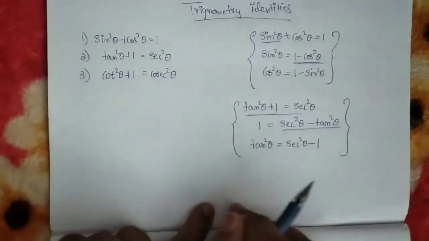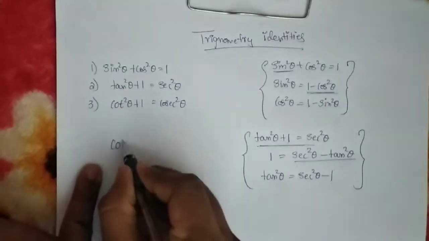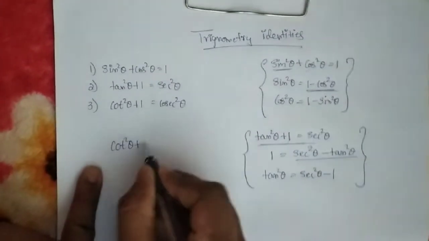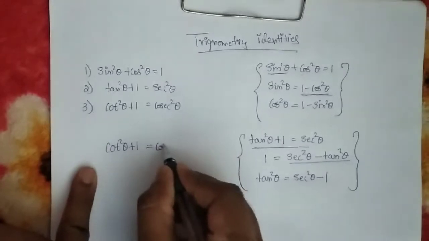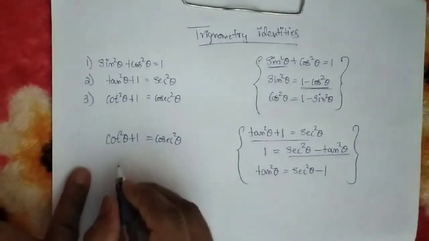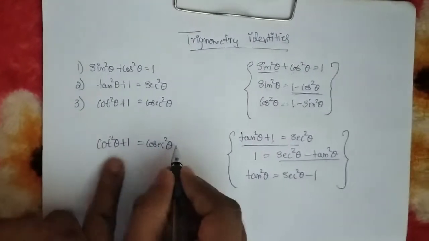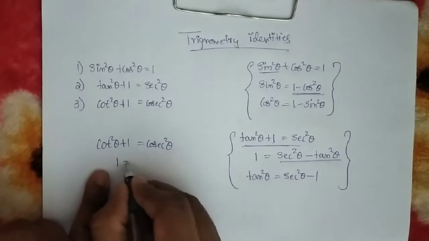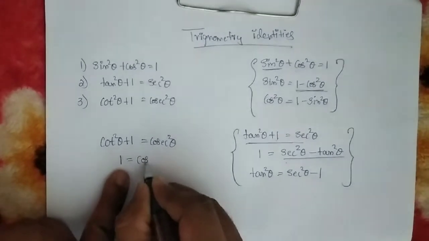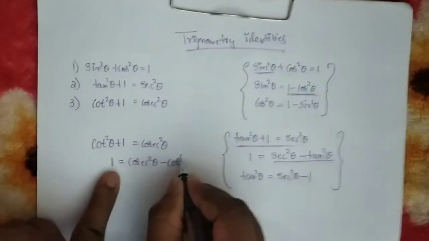Okay, so we are having the third identity. Which is the third identity here? So cot square theta plus 1 is equal to cosecant square theta, right? So here I'm shifting the cot square theta to the right hand side. So I can write 1 is equal to cosecant square theta minus cot square theta.